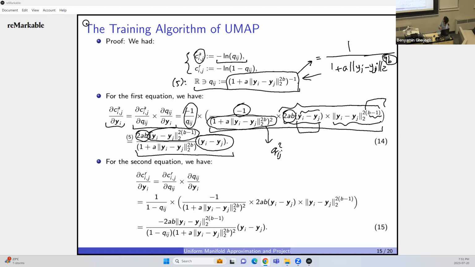But the denominator is 1 plus a yi minus yb, right? No, there. I remember there was something I have forgotten. I wrote this tutorial 2 years ago. Let me remember what was happening here. But that's fine. Let's not stop here.